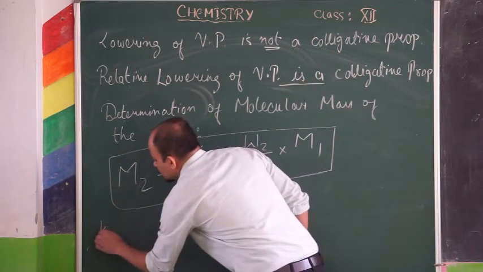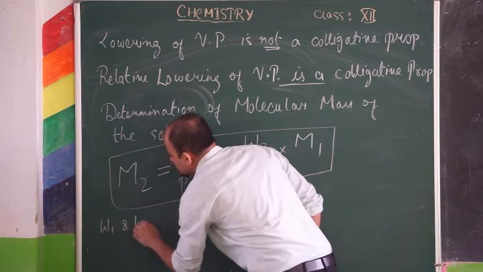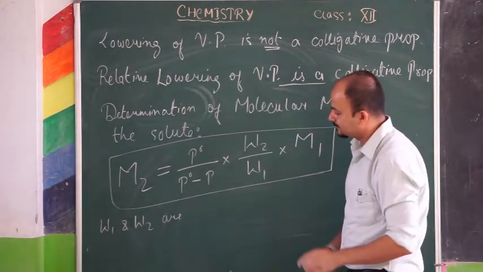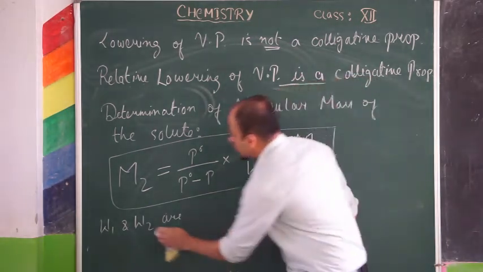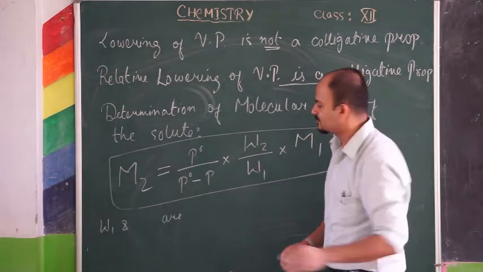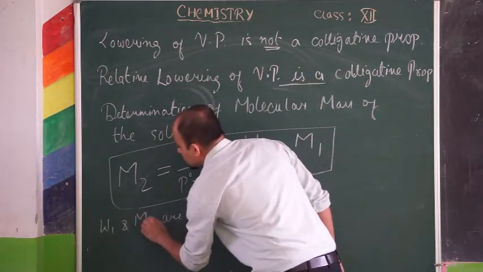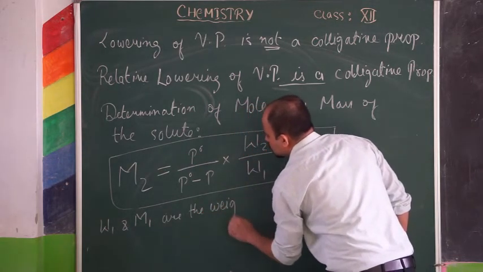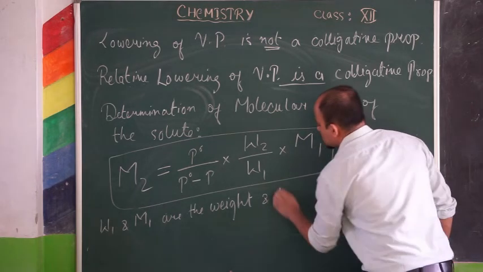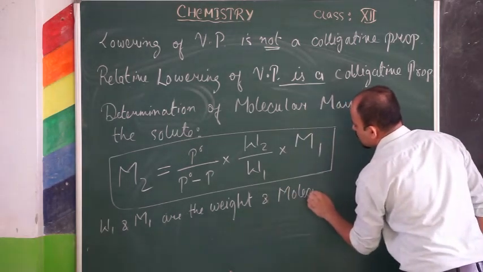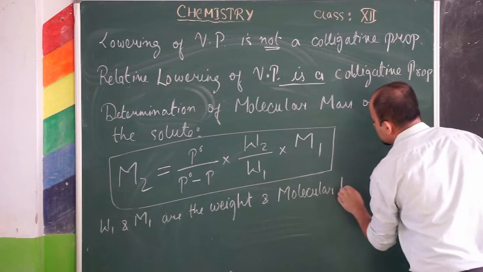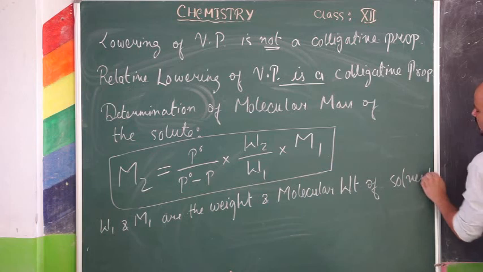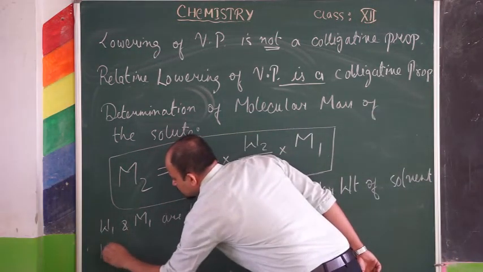W1 and M1 are the weight and molecular weight or mass of the solvent, and 1 is for solvent.